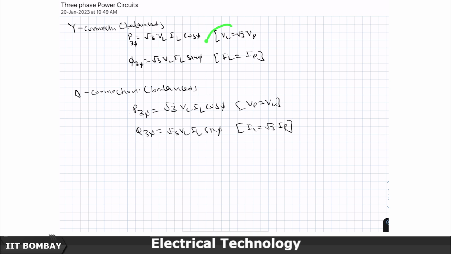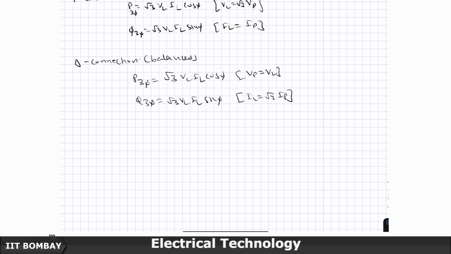So, you can see the variation, just the dual of the other one. So, let us derive this now today for the delta connected load.